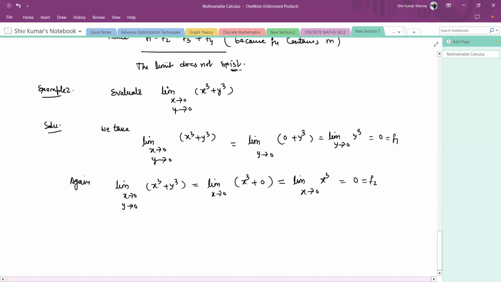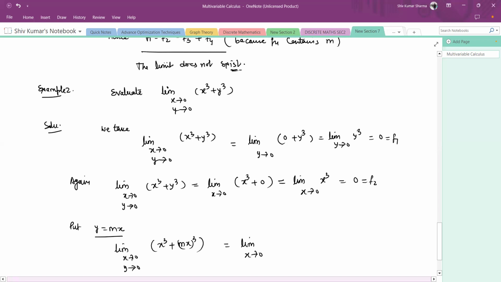Now, similarly, we put y equal to mx, along the line y equal to mx. So y equal to mx gives us mx raised to the power 3. We write this as limit x tends to 0.